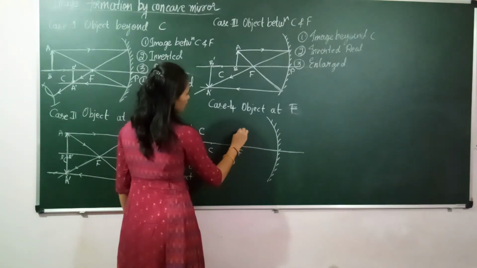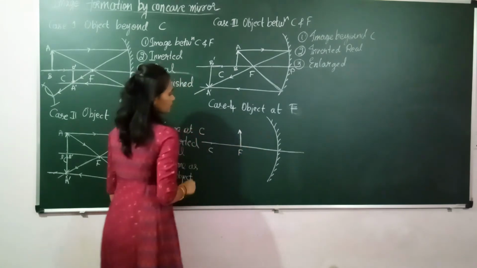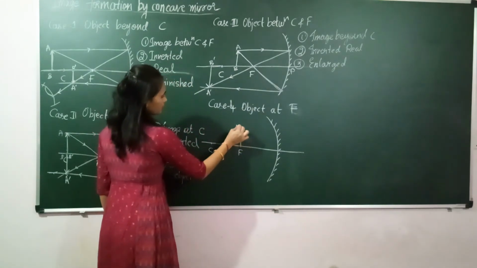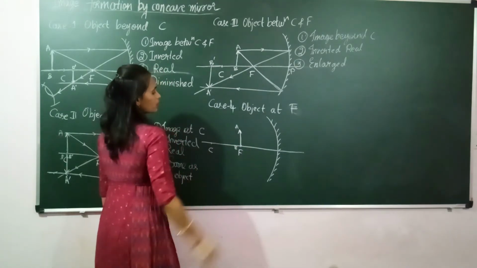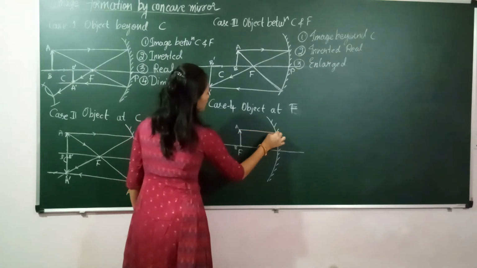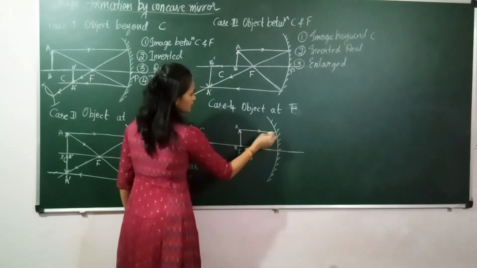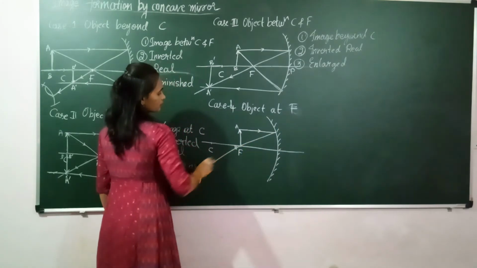Now here we will place the object at the focus. This is A and this is B. The object is placed at the focus point. Now we will draw the ray diagram. First the ray is parallel to the principal axis. After reflection it is passing through the focus.